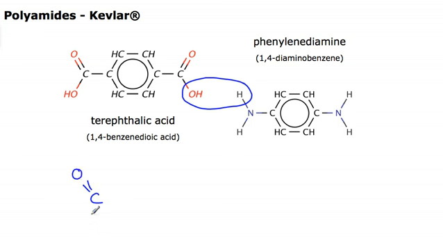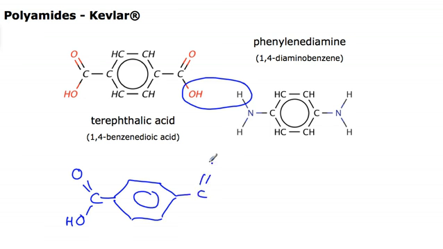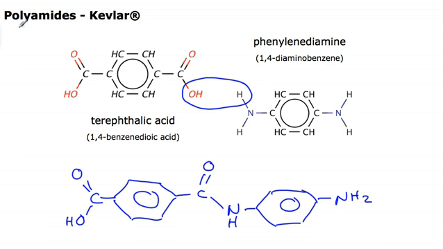So C double bond O, bond OH, benzene ring, C double bond O is still there, bond N, that has an H, benzene ring, with my NH2 terminus.